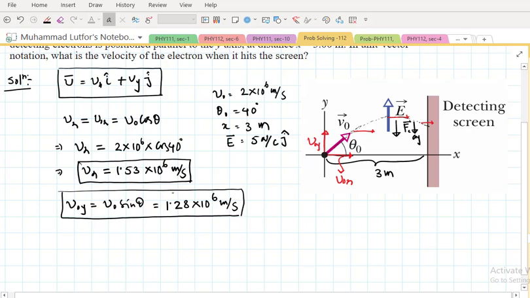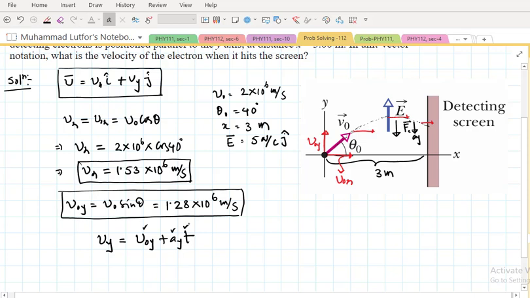Fine. We found Vx. Now we have to find Vy, the final velocity of the electron after traveling that distance. The final component we can find as V0y plus Ay t. I found V0y; I have to find Ay and t.